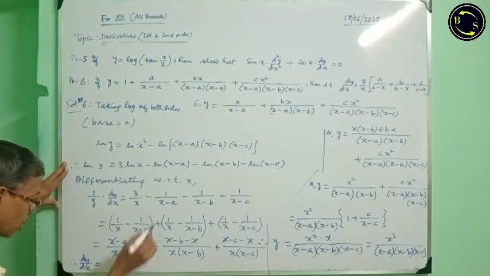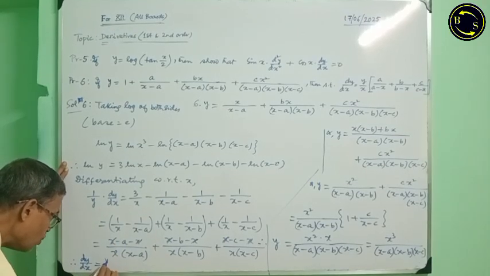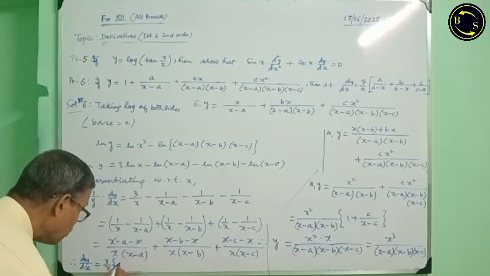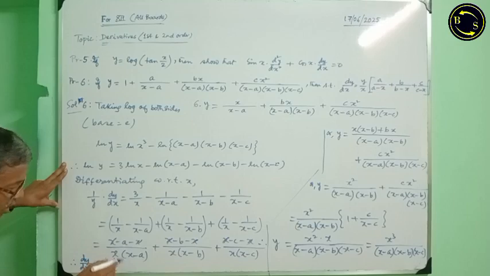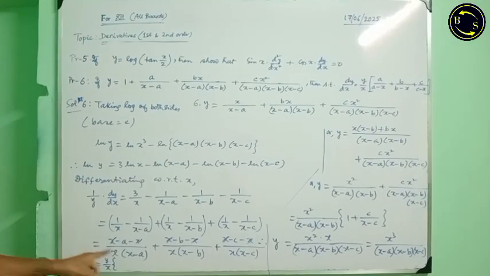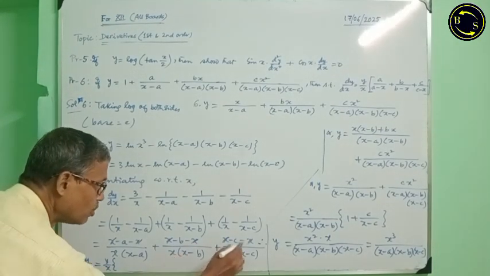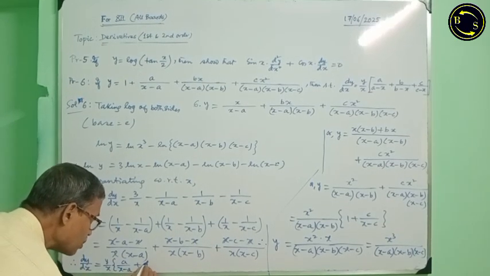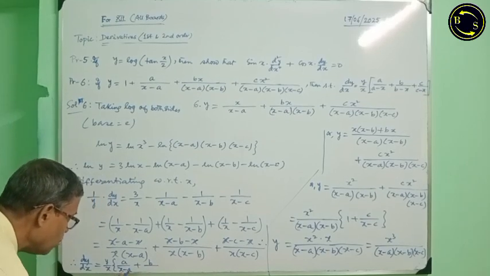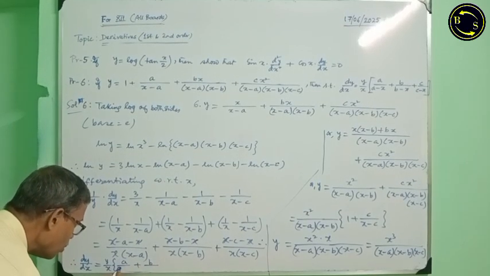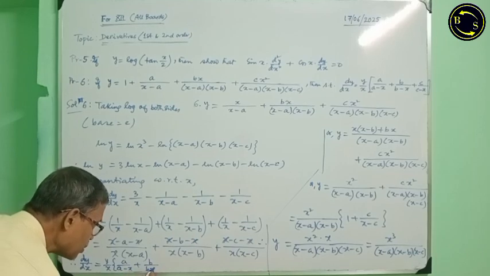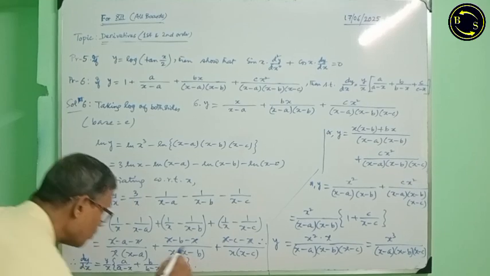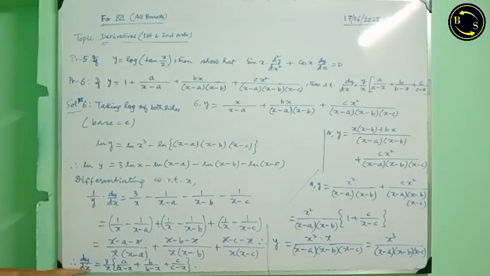I take this y on the right and this x, y by x minus a. If I multiply both numerator and denominator, it will be a by a minus x. I apply that on these two also. A by x minus a plus b by b minus x plus c by c minus x. Now we see we have got the result.